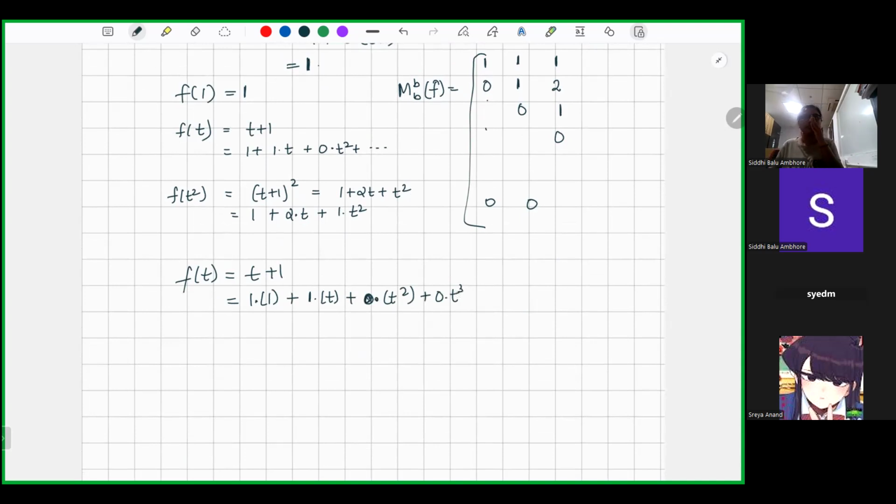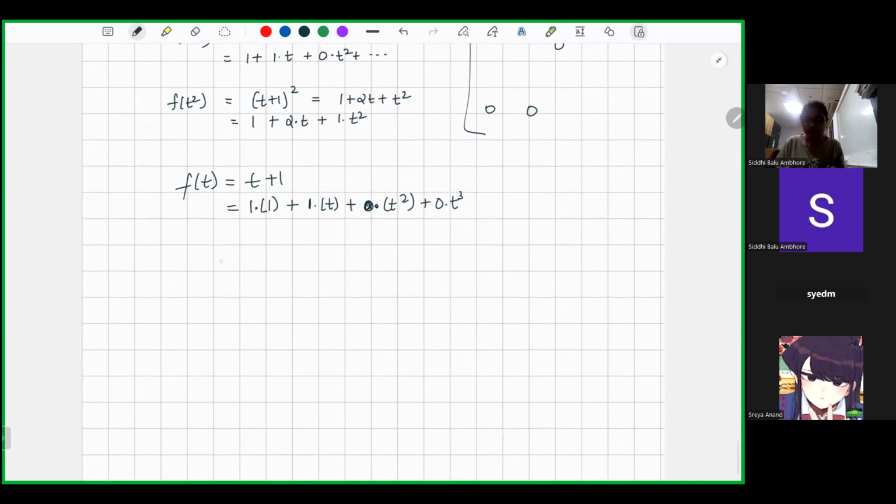I'm just expressing this. For example, if someone writes 5 is equal to 2 plus, it's not really a good way. So suppose my polynomial in t is x plus x square plus 7x cube plus 100 x power 5 plus x power 9.